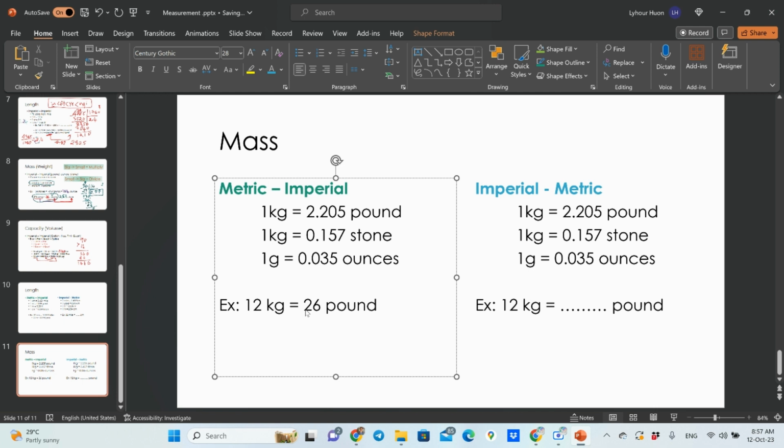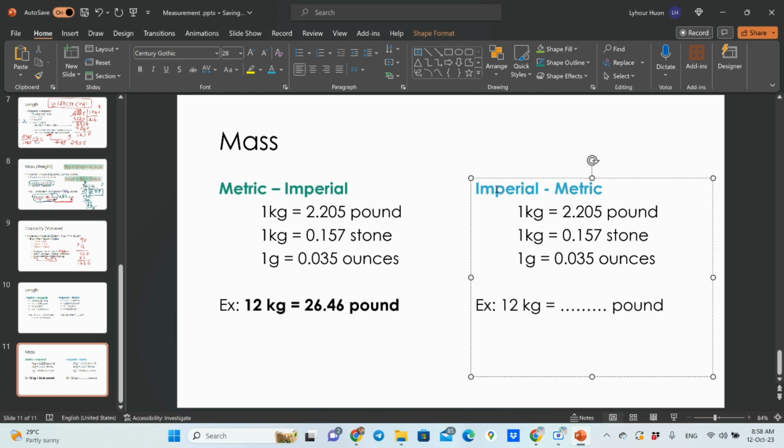I think we should have a decimal. So it's 26.460, the zero is okay, no need. So it's 26.46 pounds. So this is how you convert.